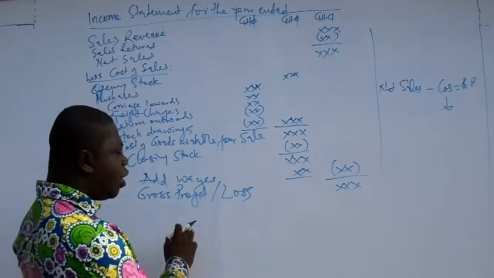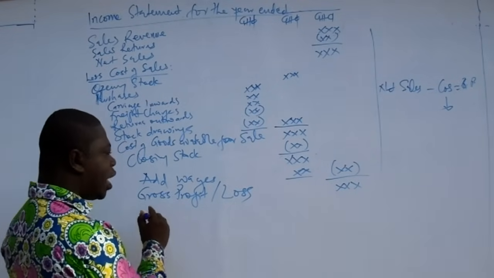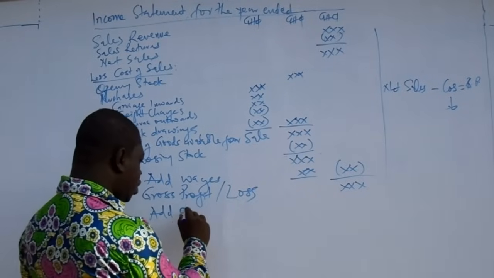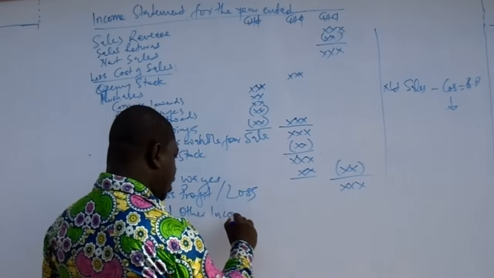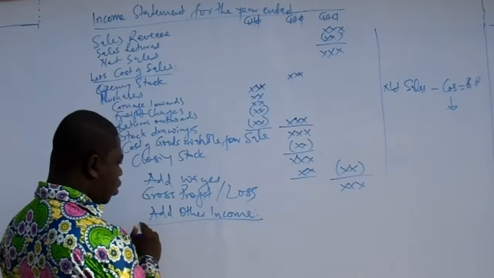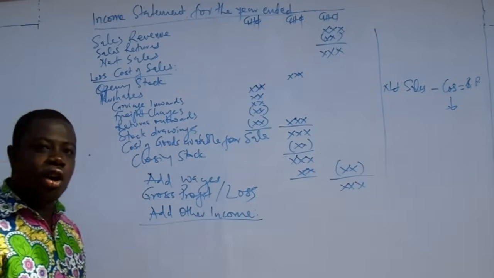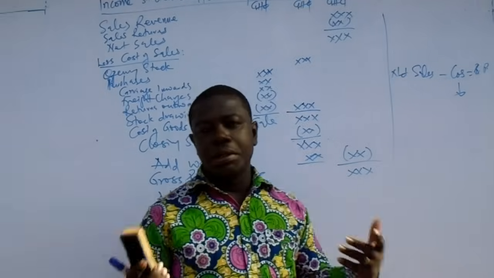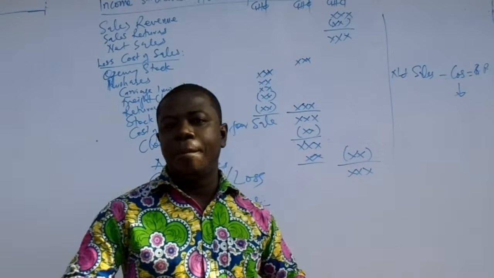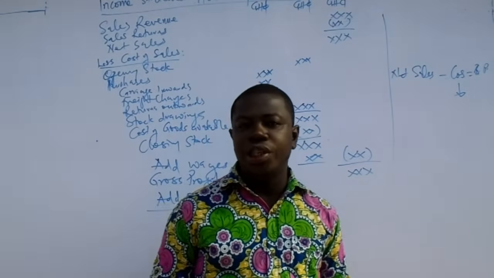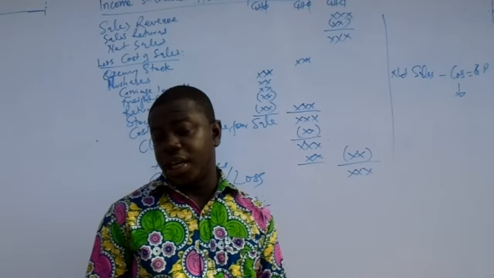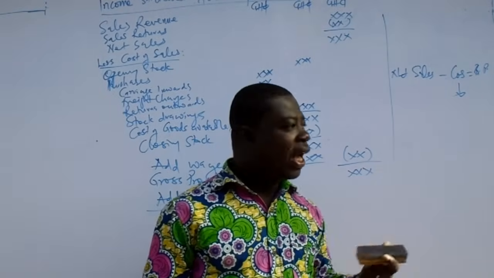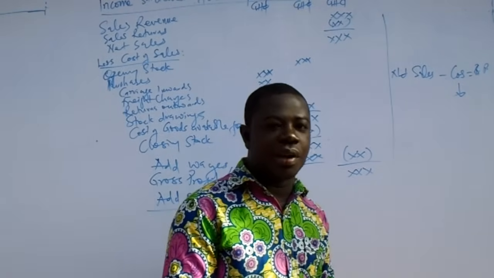And so right after gross profit, you can see add other income. And then there can be a lot of other incomes that you can add. We have discount received, investment income, a decrease in provision, a whole lot of other incomes that can come. But I will take my time to explain adjustments when it comes to income and expenditure.